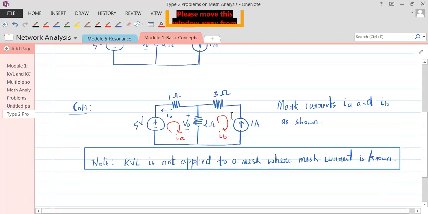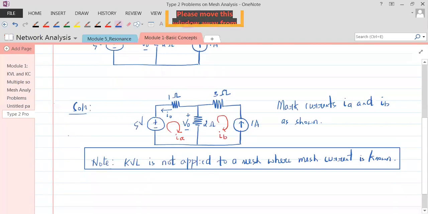So by observation, we have to be good with observation, what is IB? IB is minus 1 amps.